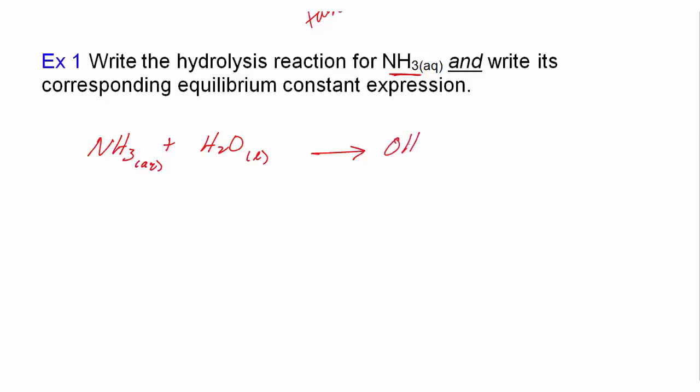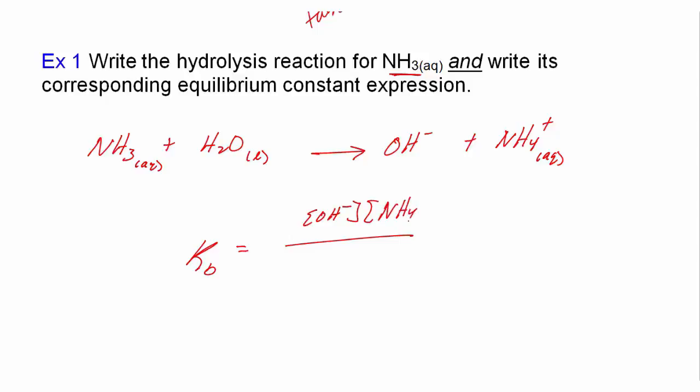It forms hydroxide and the conjugate acid. Remember, to get the conjugate acid, just add an H+. So that would be ammonium. And the Kb expression, products over reactants: hydroxide concentration, ammonium concentration, and ammonia concentration.